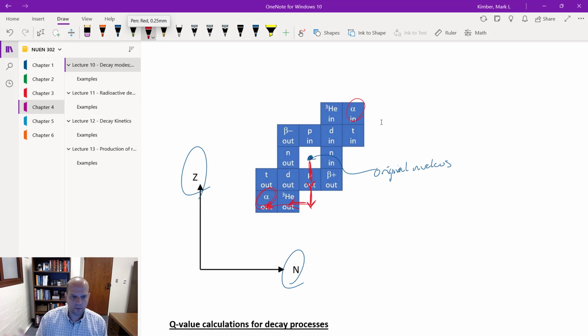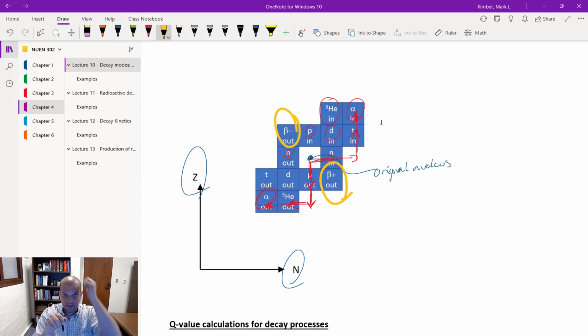If I were to absorb an alpha, then I would go up 2 and over 2. And the same thing if I had a helium-3, then I go over 1 and up 2, or a deuteron, or a proton, or a neutron. Here is my beta plus and beta minus, so wherever I'm at, if I'm going through a beta minus decay, I'm going up and to the left.